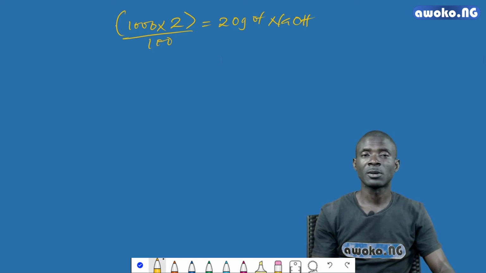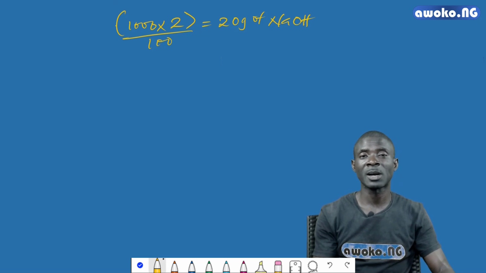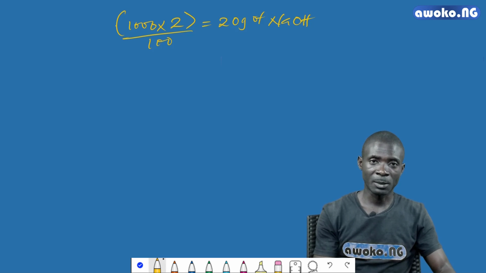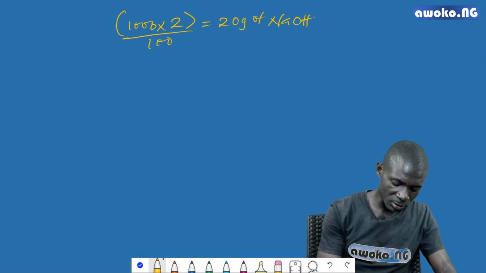So this is the mass that will be dissolved in 1000 cm³ of solution. Now we are not looking for the mass concentration. Assuming we were asked to look for the mass concentration, this would have been our final answer. But we are asked to look for the molar concentration. Molar concentration is mass divided by molar mass, or the number of moles per dm³ of solution.